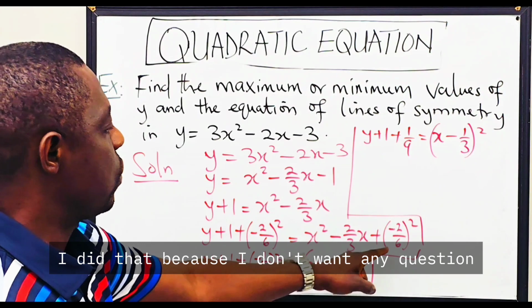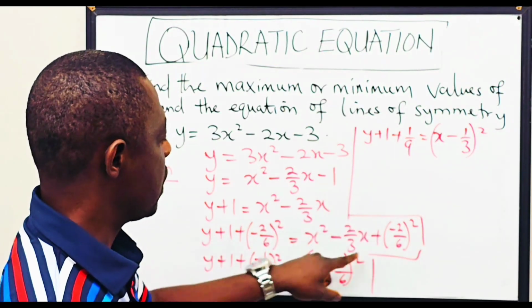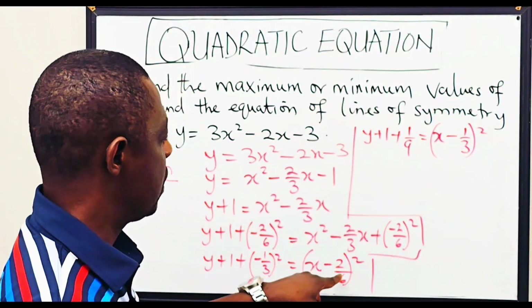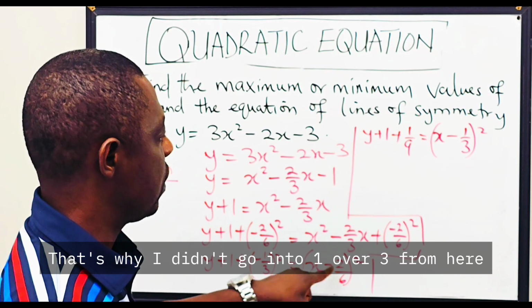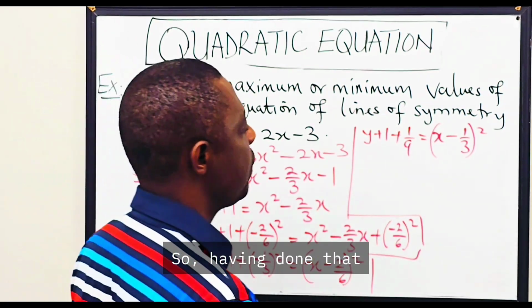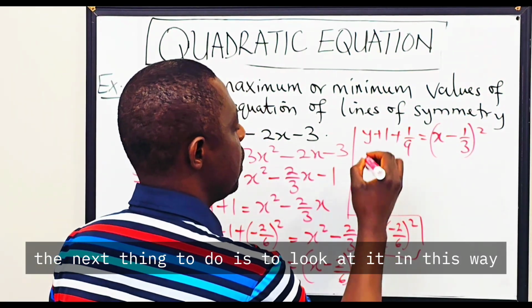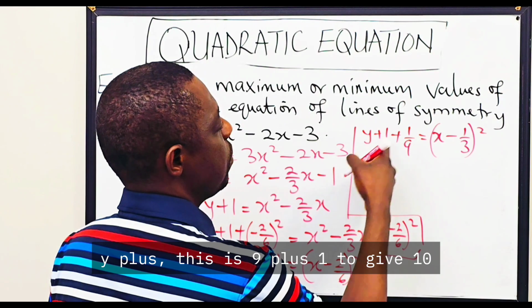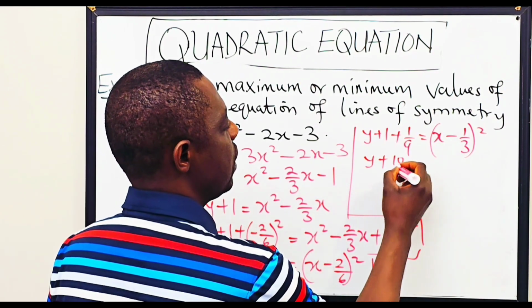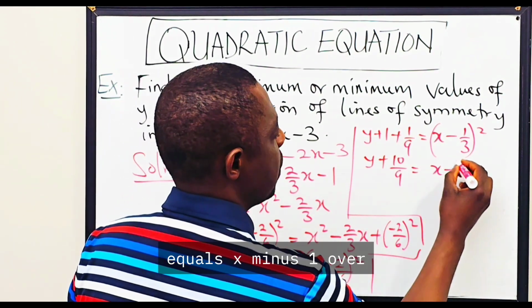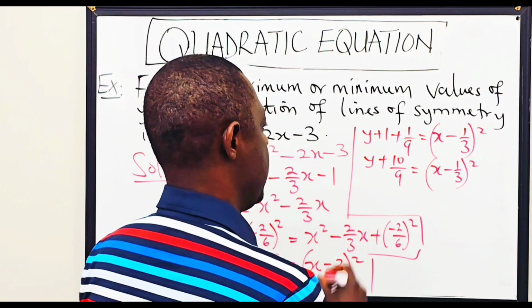I did that because I don't want any question, because if you expand all this, you're going to have this. That's why I didn't go into 1 over 3 from here. So having done that, the next thing to do is to look at it this way. Y plus, this is 9 plus 1 to give 10 over 9 equals x minus 1 over 3 all squared.